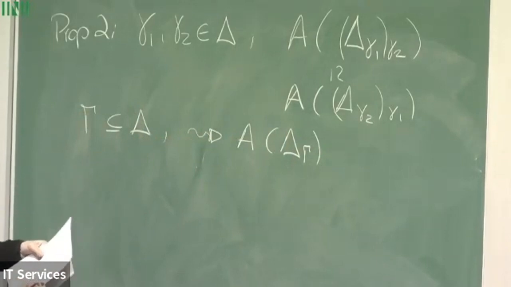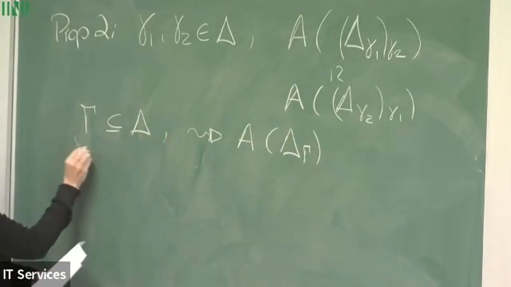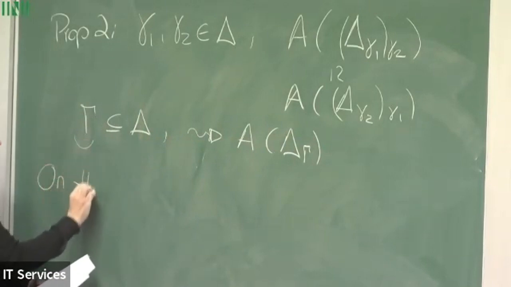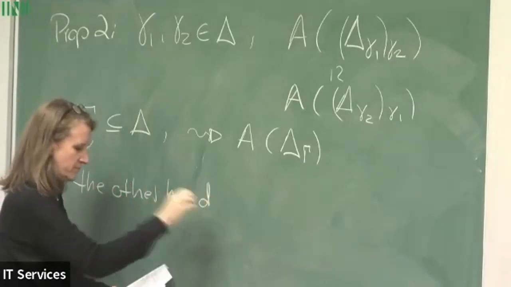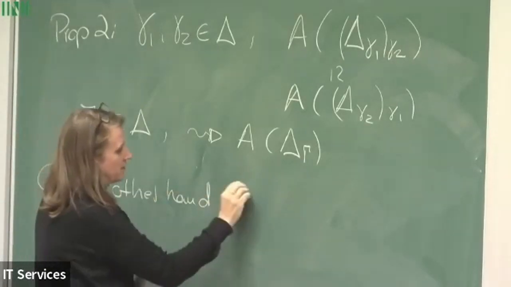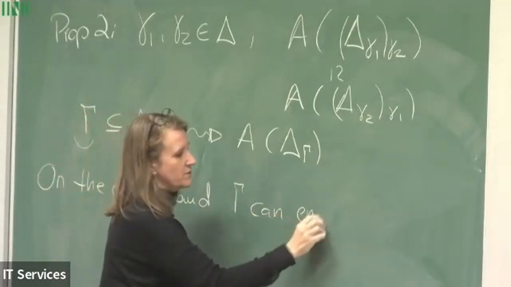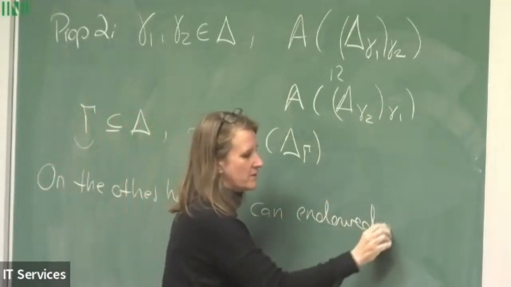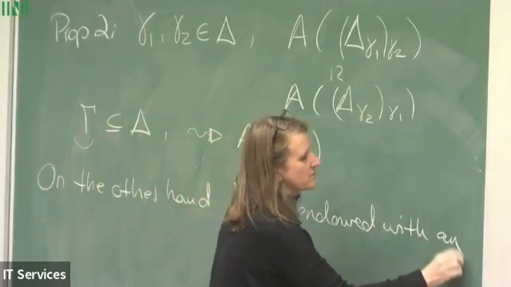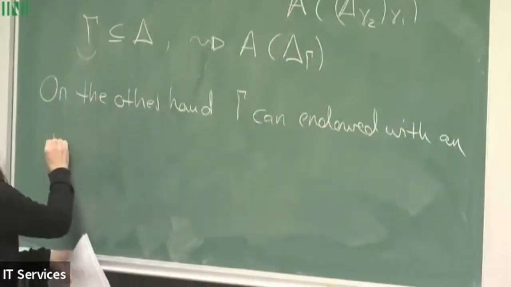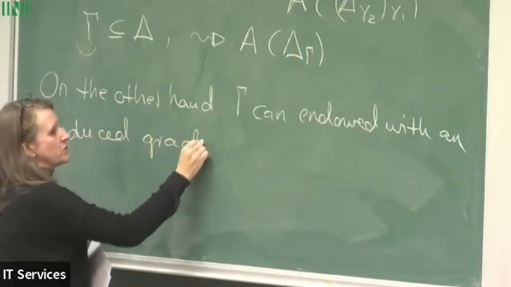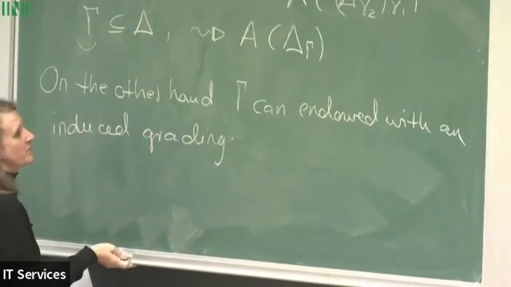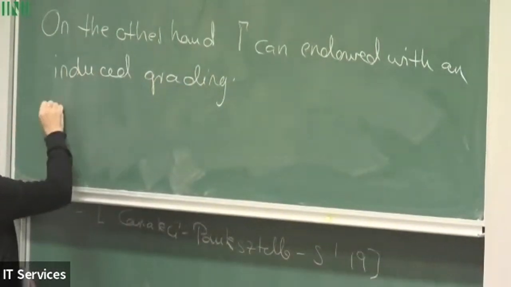Okay, so this is one side of the story. On the other hand, we have this cutting set. Gamma can also be endowed with an induced grading. And how do we do that? Well, it's very simple. We add the gradings up.